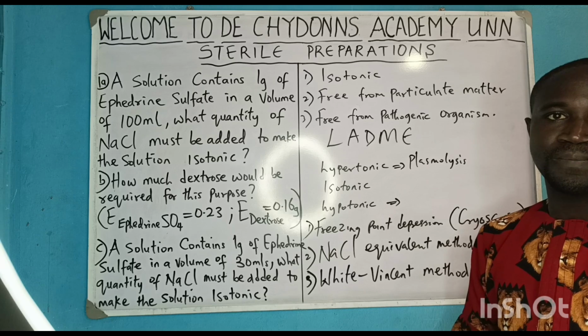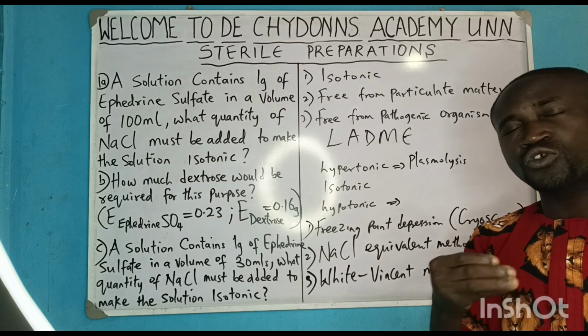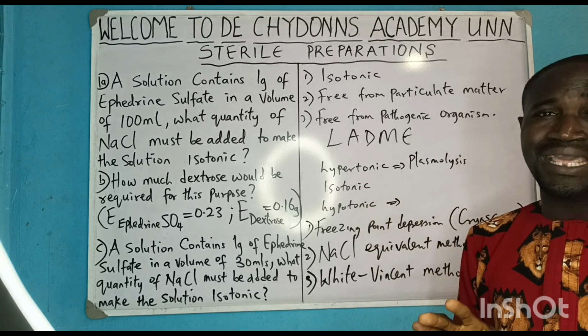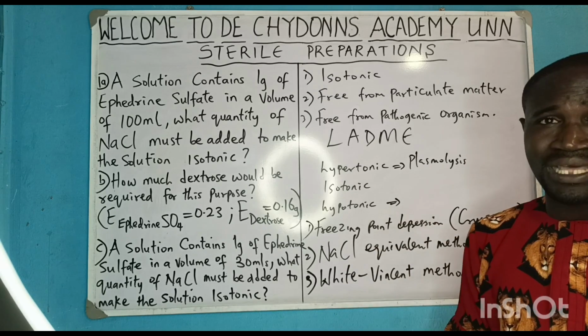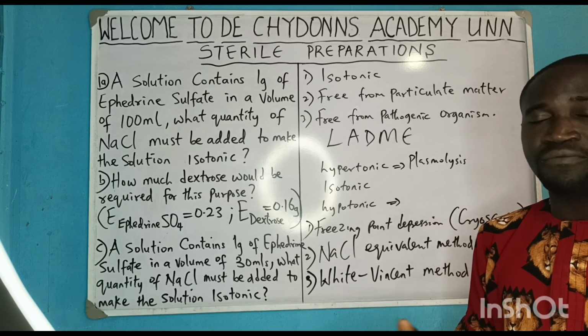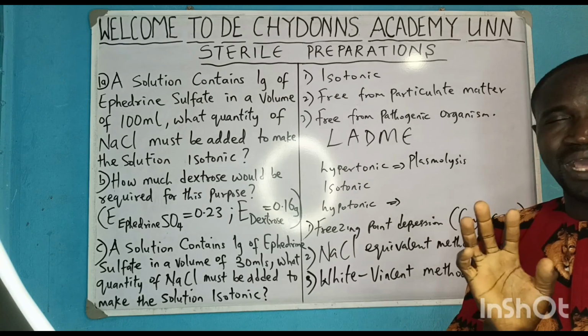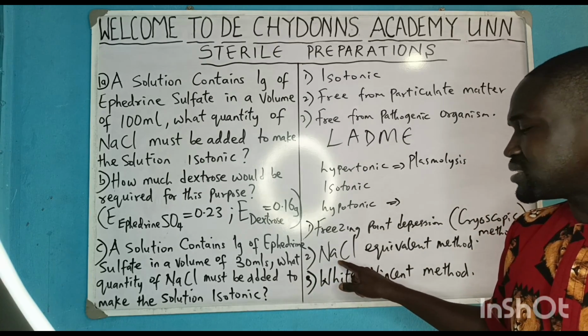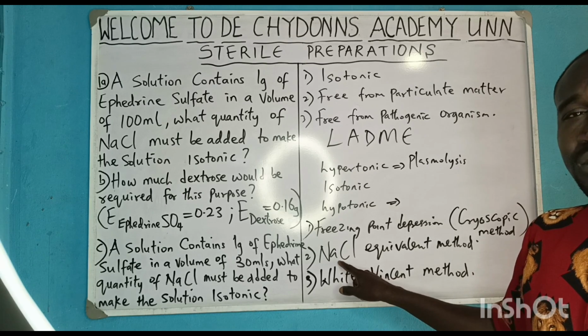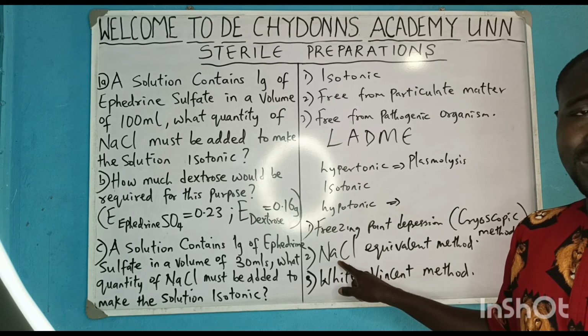It has an amount of sodium chloride that it contains. Take for instance paracetamol, a popular drug we have. Paracetamol powder has a level of sodium chloride content in it.